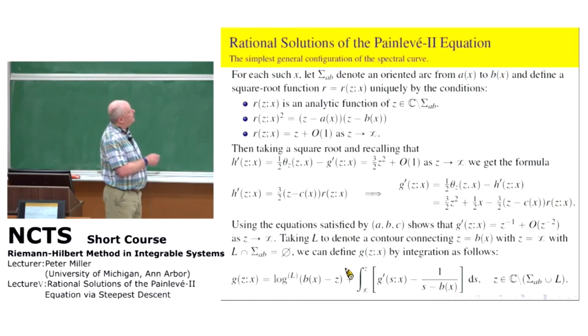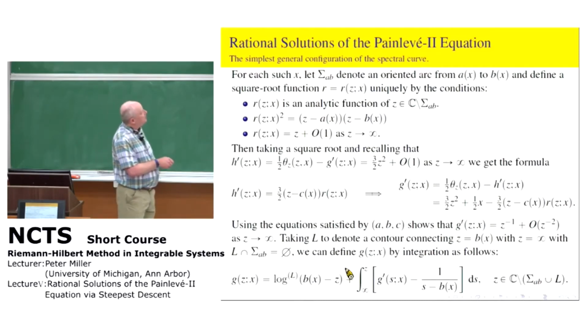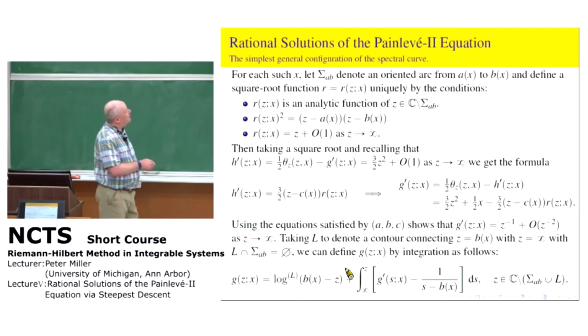It's some kind of square root of z minus a times z minus b, but it's supposed to be analytic in the complex plane minus this oriented arc from A to B, so that's the branch cut, and it should behave like z as z tends to infinity. Those 3 things determine the function r of z,x. And now I'm taking a square root, and recalling that h prime behaves in this way as z tends to infinity, we get this formula.